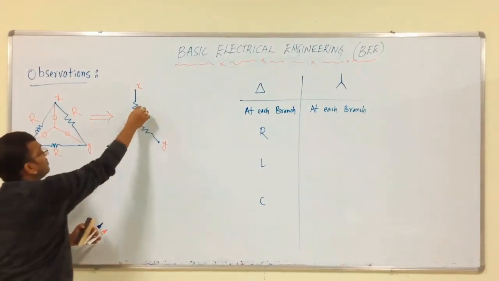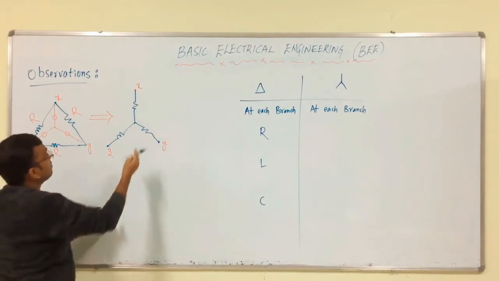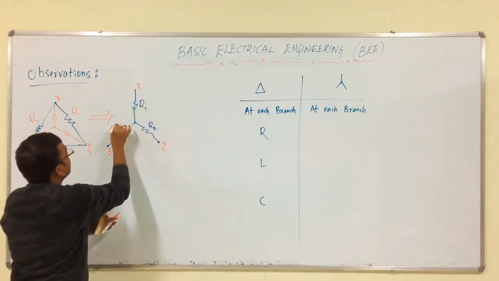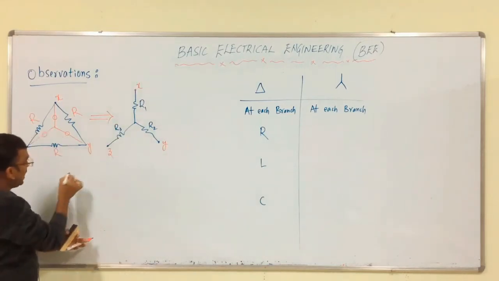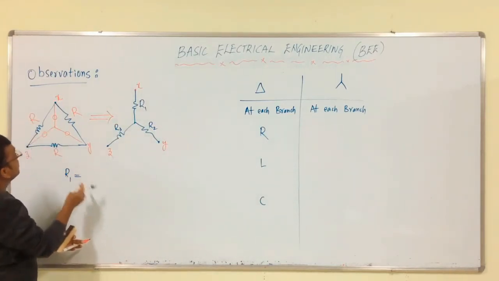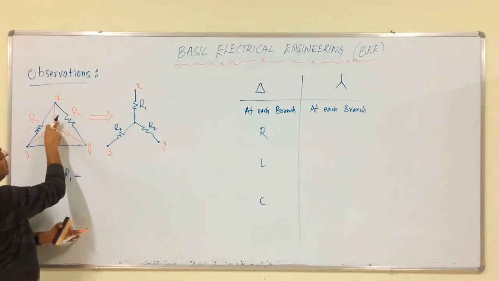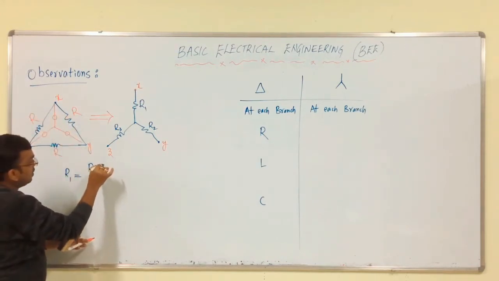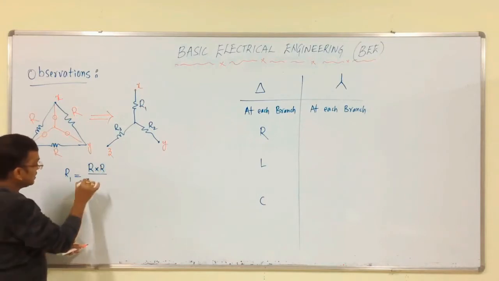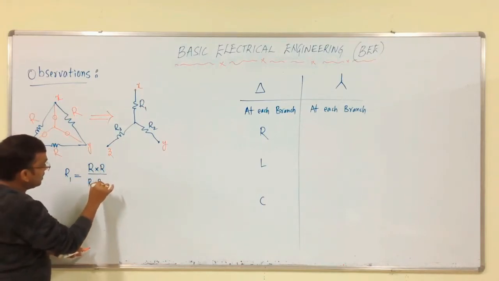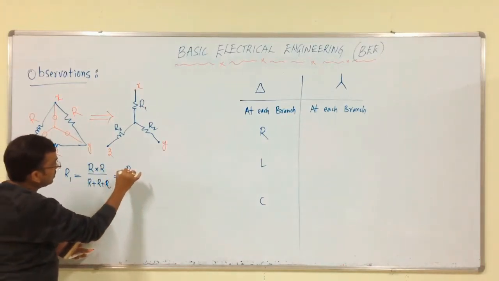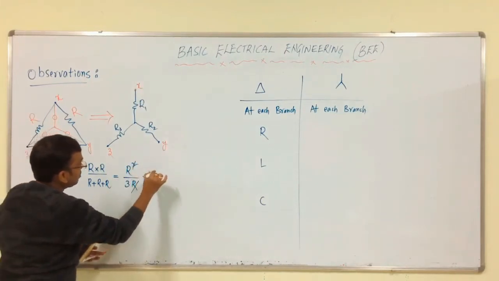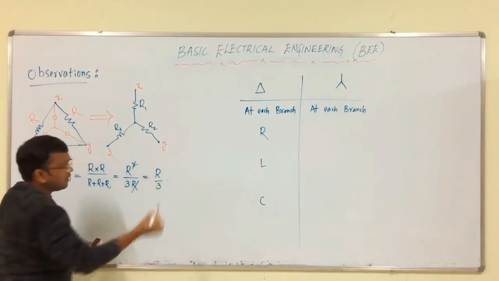For example, these could be R1, R2, R3. To calculate R1, this branch resistance is R into R by the total resistance, R plus R, which equals R square by 3R, which equals R by 3.